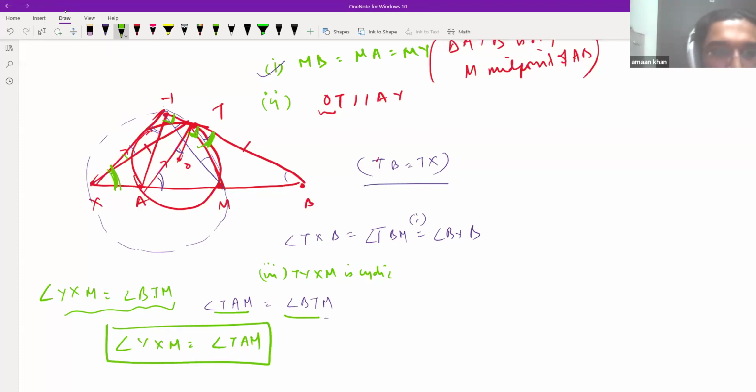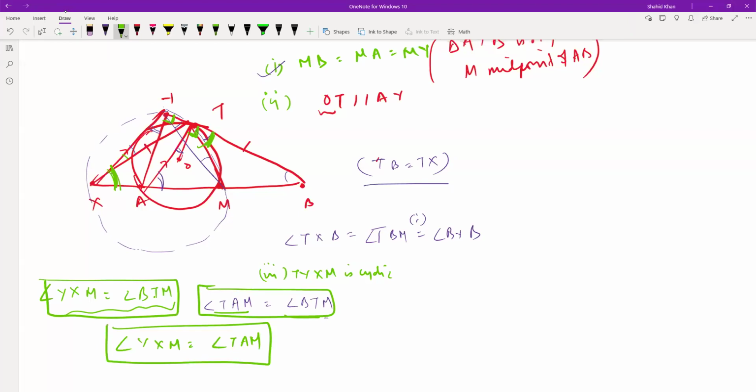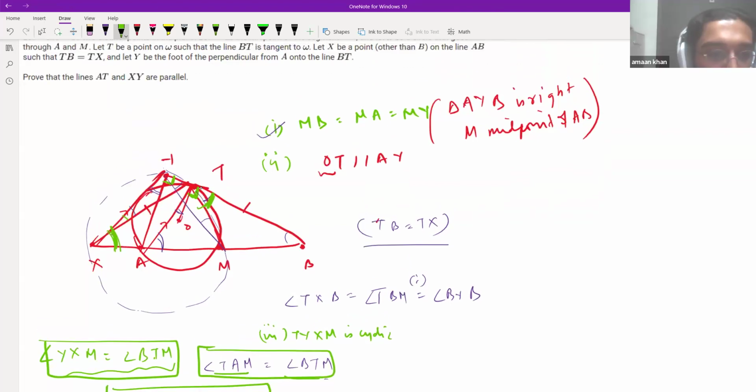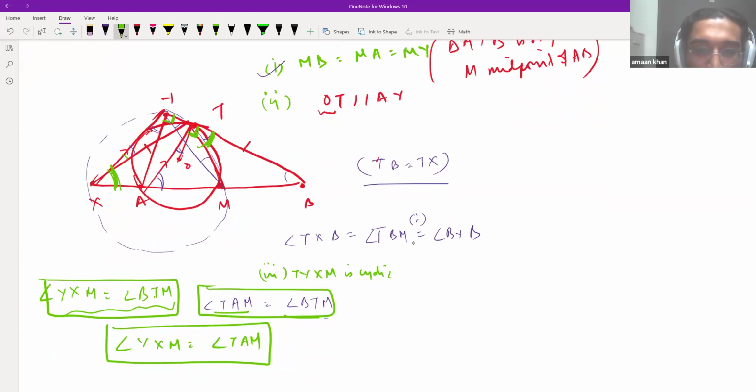And this proves that these are parallel. Does everyone get it? Nobody has issues in this angle chase argument, right?